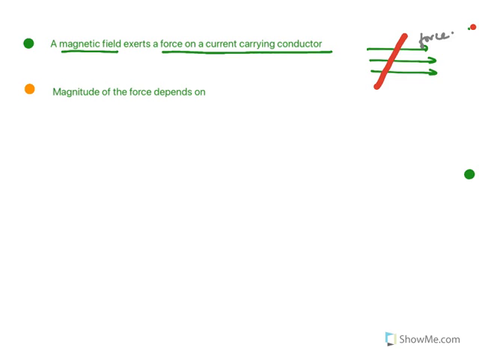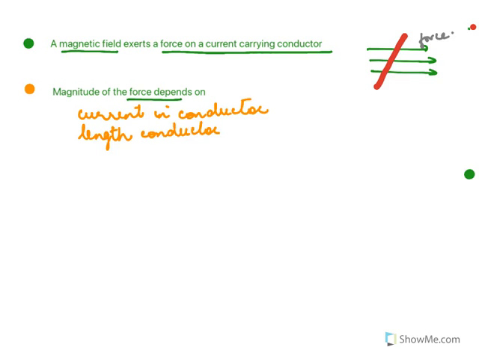The magnetic force depends on three factors: the current in the conductor, stronger current, more force; the length of the conductor, longer conductor, more force; and the angle between the conductor and field.